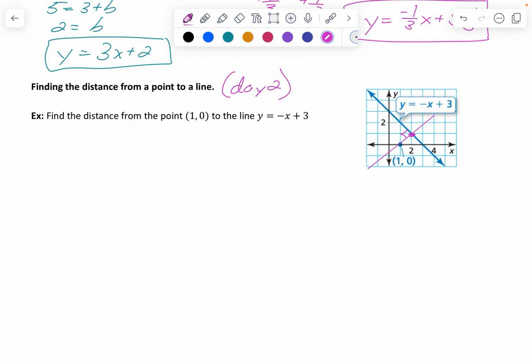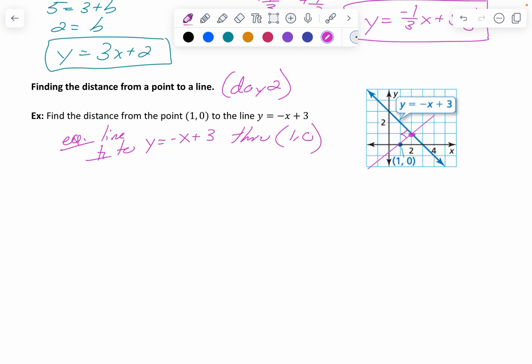So first of all, we want to find the equation of the line perpendicular to y equals negative x plus 3 that goes through (1, 0). Okay, so we want to find the equation of that pink line.